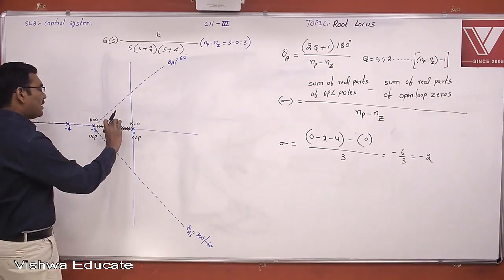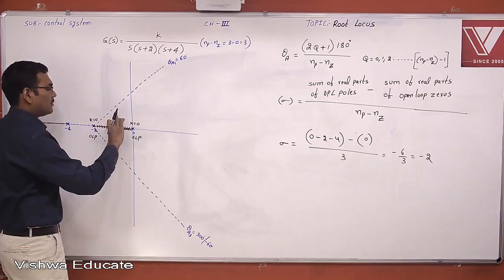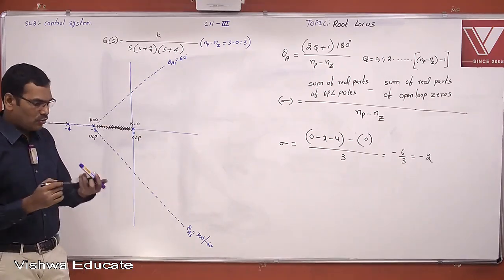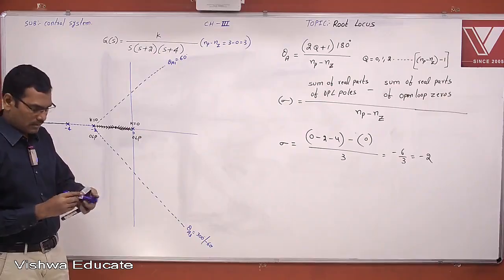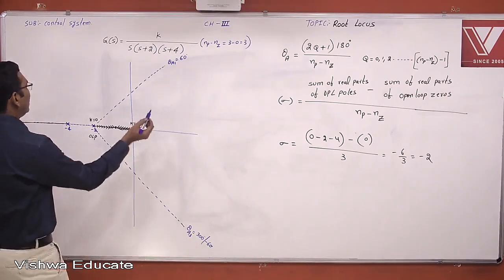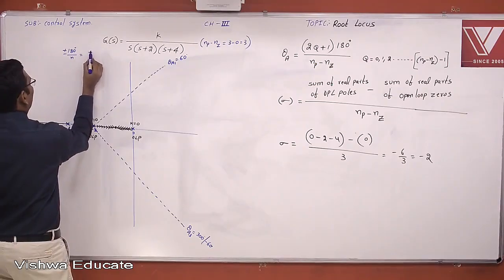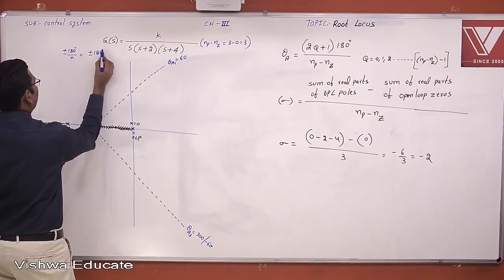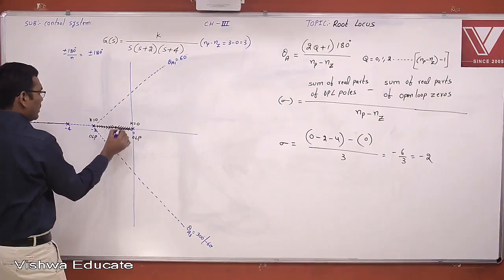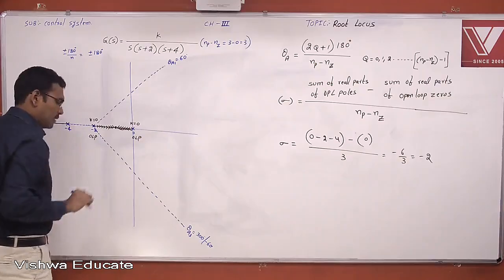Now this is the point. Now the root locus branches leave the real axis. With what angle do the root locus branches leave the real axis? The root locus branches leave the real axis at an angle of plus or minus 180 degrees by n, where n is the number of poles or number of zeros at this particular break point.